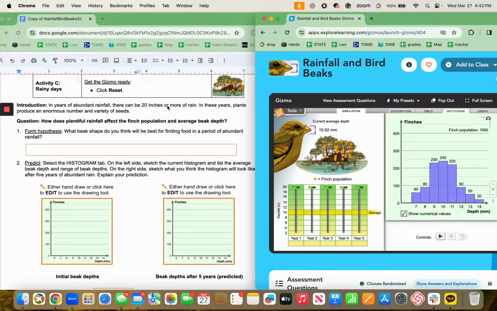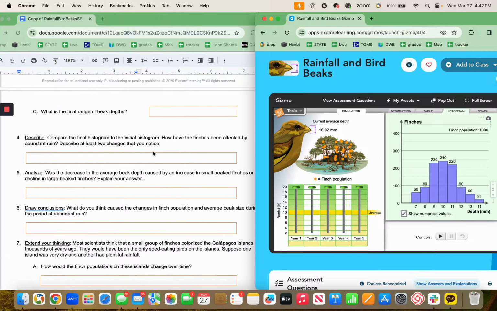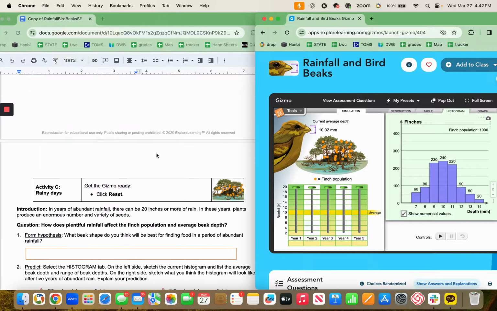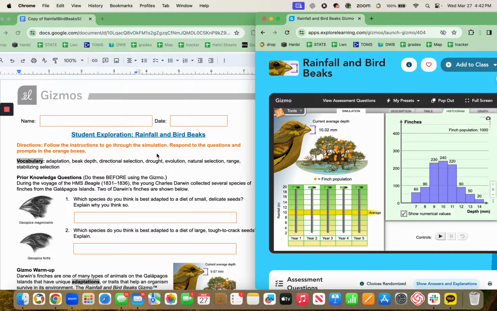In these years where there's a lot of rain, the plants produce an enormous number and variety of seeds. So think about what kind of beak size might be more abundant. What shape would be best for finding food when there's a lot of rain? Okay, I think that should help you. If you have any other questions, let me know.